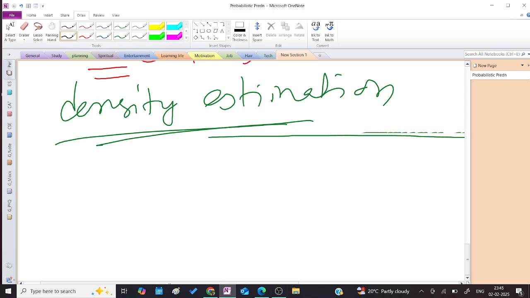So our first task is to estimate the distribution over the number of clusters.